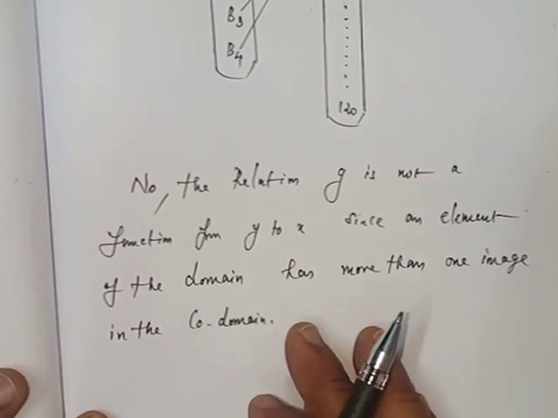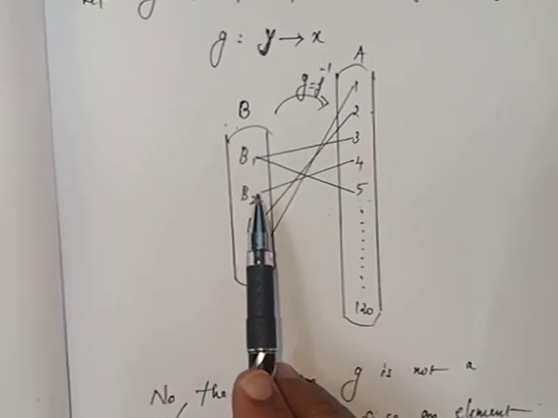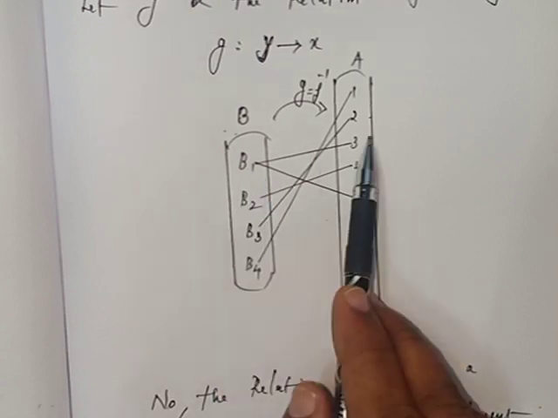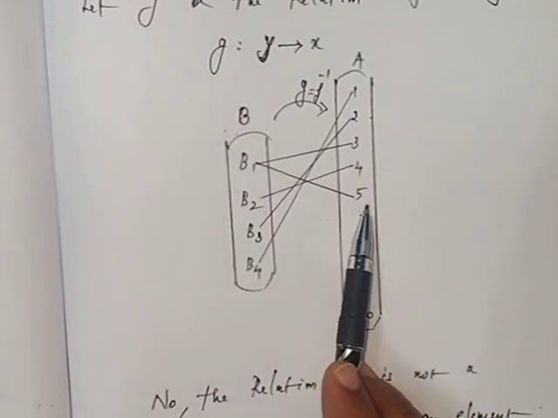This is the reason for not being a function, because one element in the domain has more than one image in the codomain.